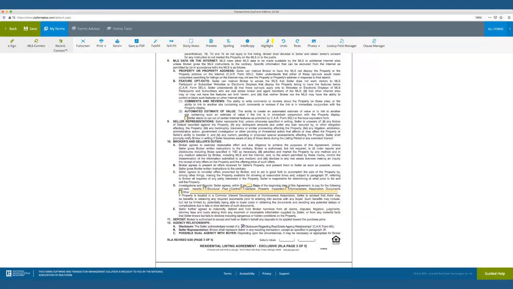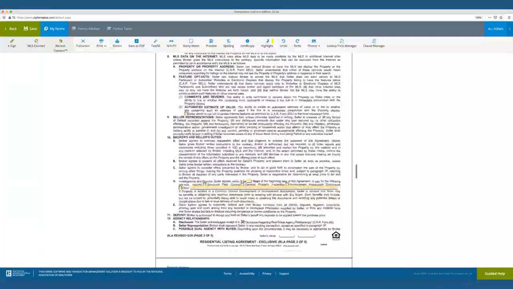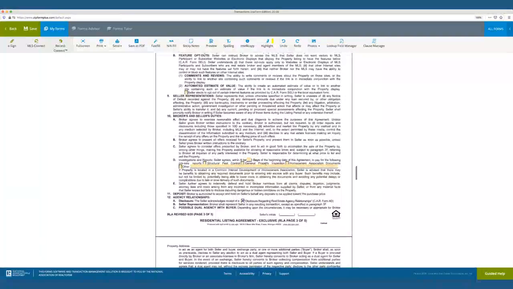If you're going to attach any reports, or the sellers agreed to do any reports like pest control or any inspections, a lot of agents like their sellers to do reports beforehand.